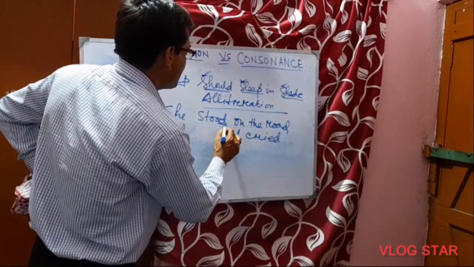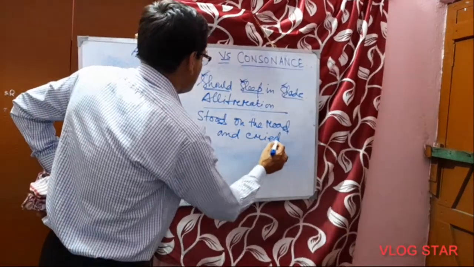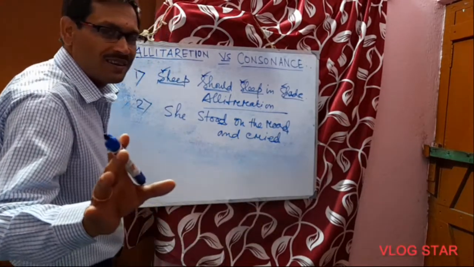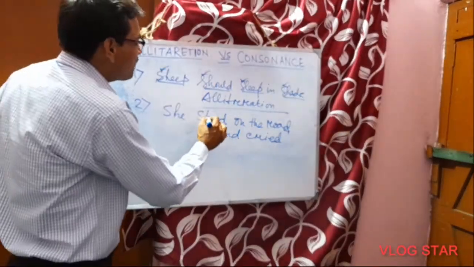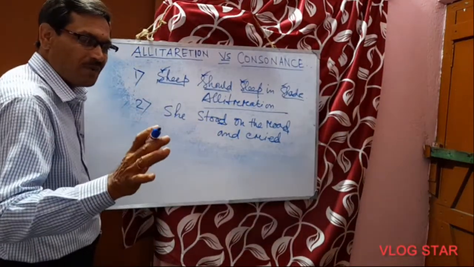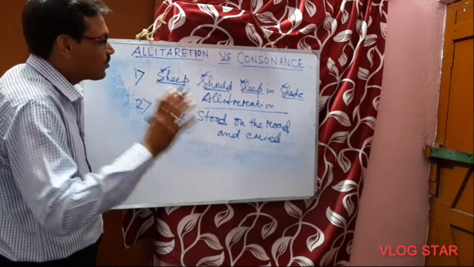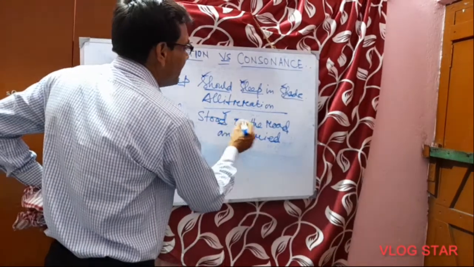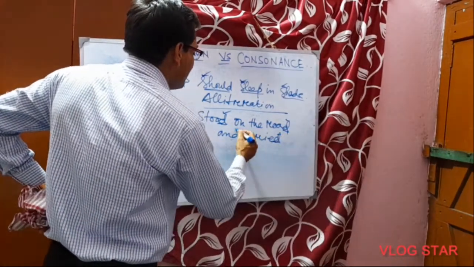It is the repetition of consonants in stood, road, cried, but not at the initial point, not at the beginning of a word. The consonant here comes at the end, end, end, end.